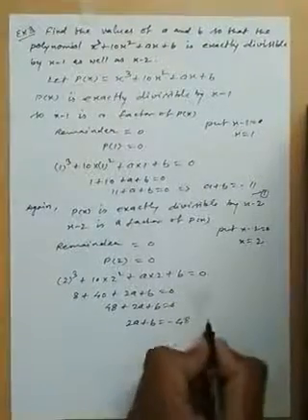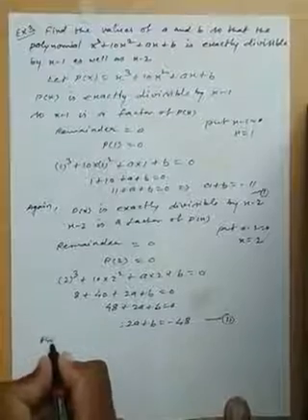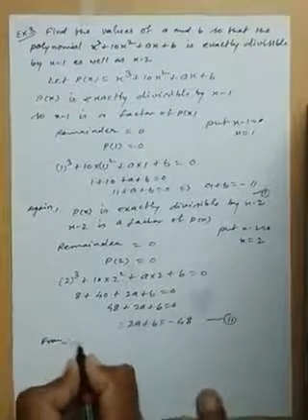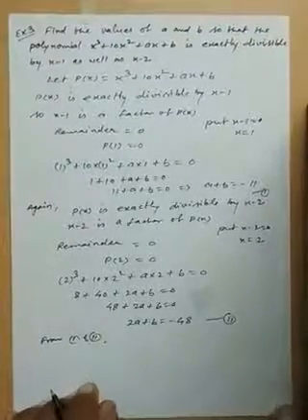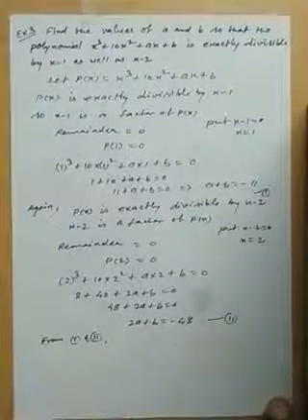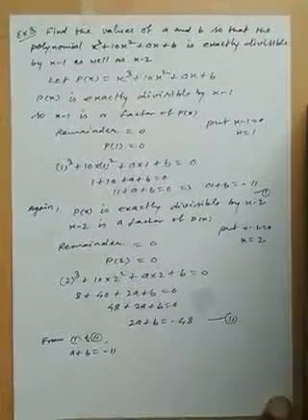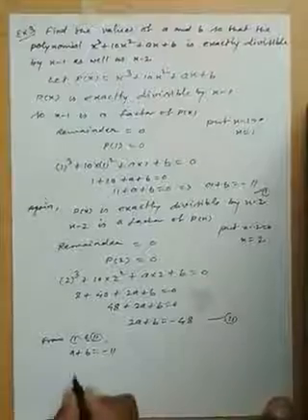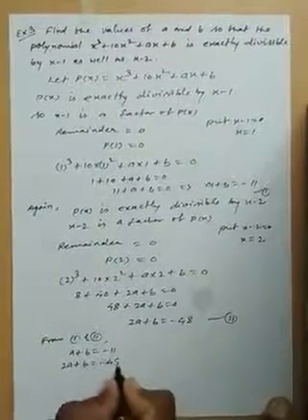This is the equation second, and from the equation first and second we can solve it and find the values of a and b. Here a plus b equal to minus 11 is the equation first, and 2a plus b equal to minus 48.